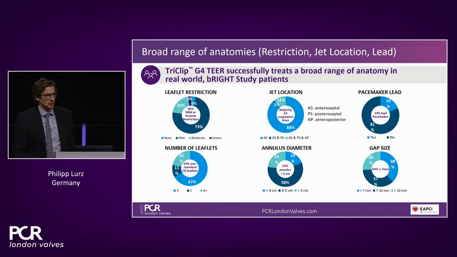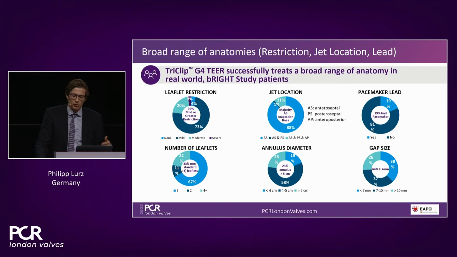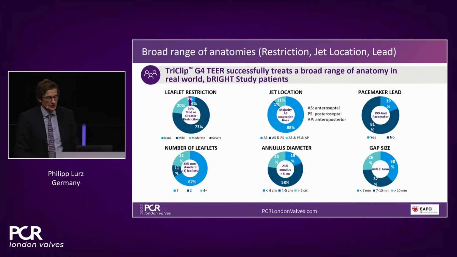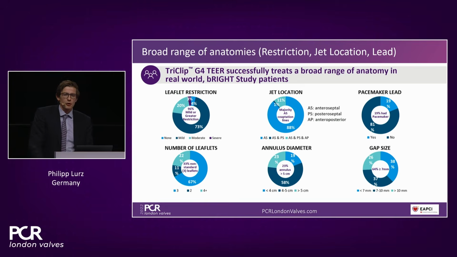One is, it appears that with G4 we treat quite complex anatomies. If you look at number of leaflets, more than 1/3 of patients had a non-standard tricuspid valve, so more than 3 leaflets, as also seen in the case today. And 2/3 of patients had a gap of equal or more than 7 millimeters.